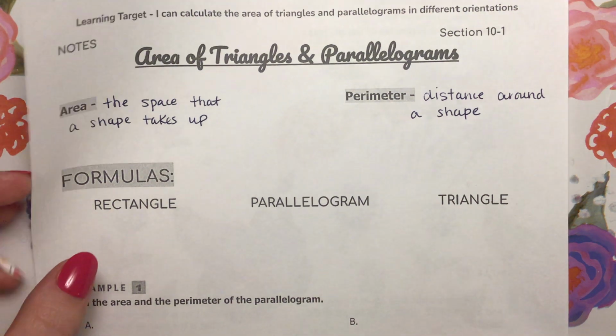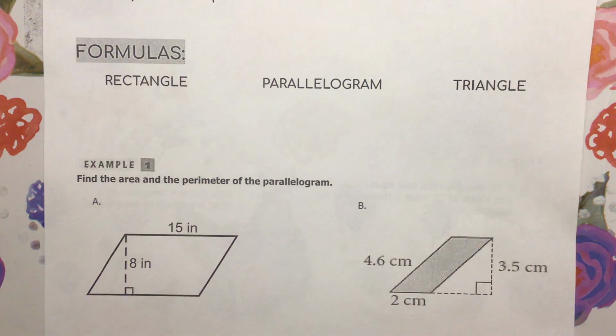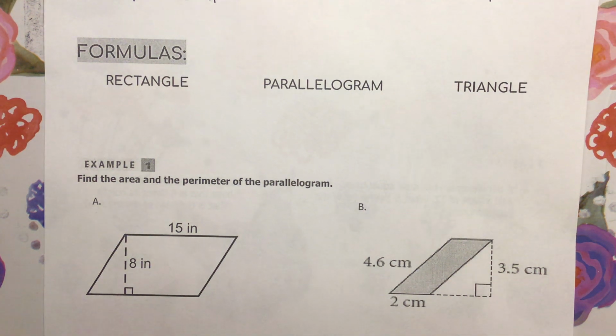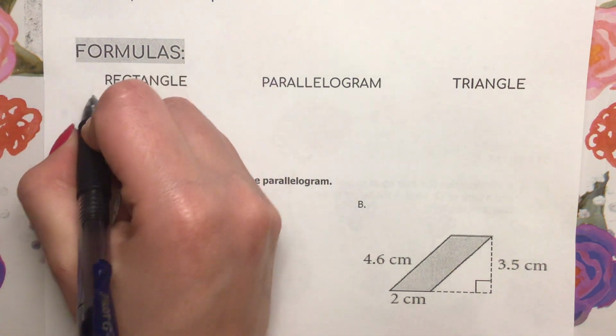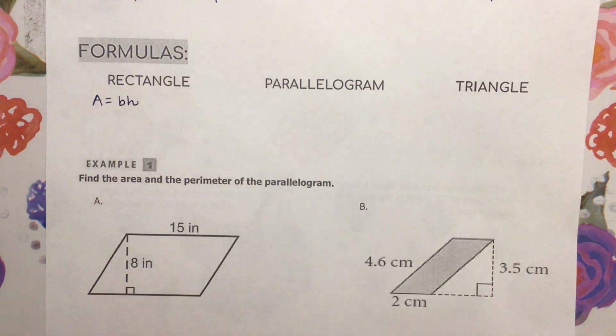So now we're going to just have our formulas, like what are the actual formulas. So the formula for a rectangle, we oftentimes say length times width. You can say that, but you can also say just base times height as well. So I'm going to give you the formulas for the areas of all of these. So area is going to equal base times height.